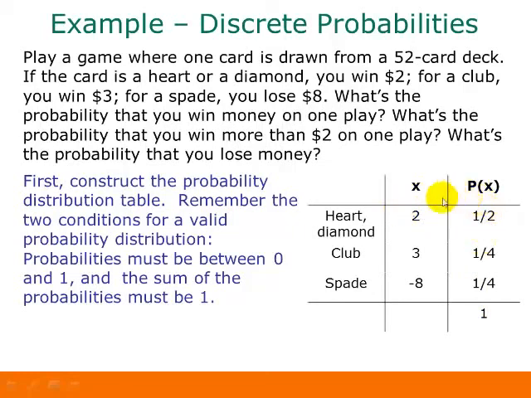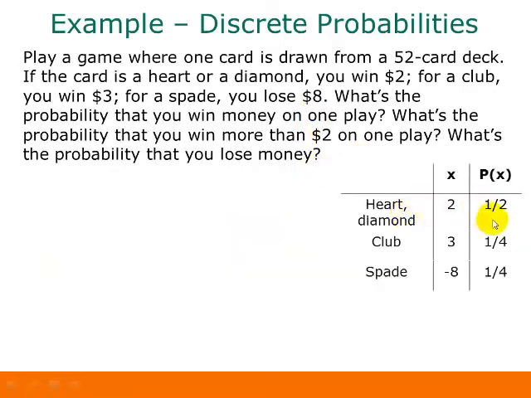So here's our final probability distribution. We have our numerical outcomes here, and here we have our probabilities. It's 1/2 for a heart or a diamond, 1/4 for a club, and 1/4 for a spade. And just to check that we've computed these probabilities correctly, we can add them up and they do add up to 1.